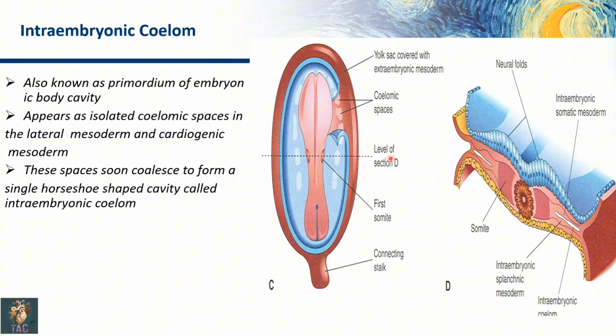They appear as isolated coelomic spaces in the lateral plate and the cardiogenic mesoderm. These spaces coalesce to form a single horseshoe-shaped cavity. In this area you can see the horseshoe-shaped cavity which is present over here. This cavity is called the intraembryonic coelom.